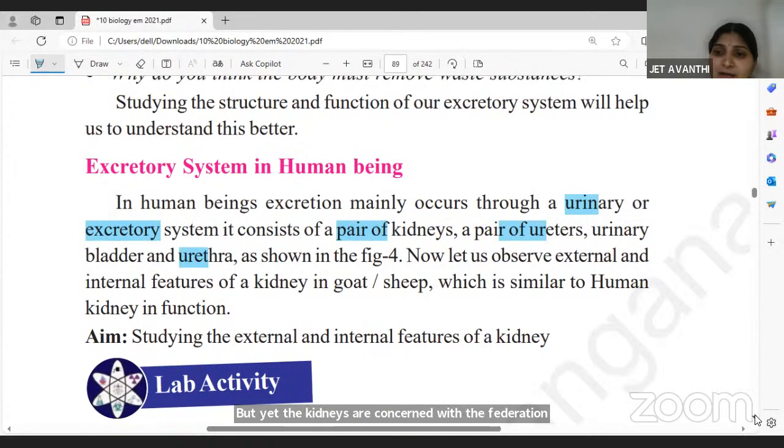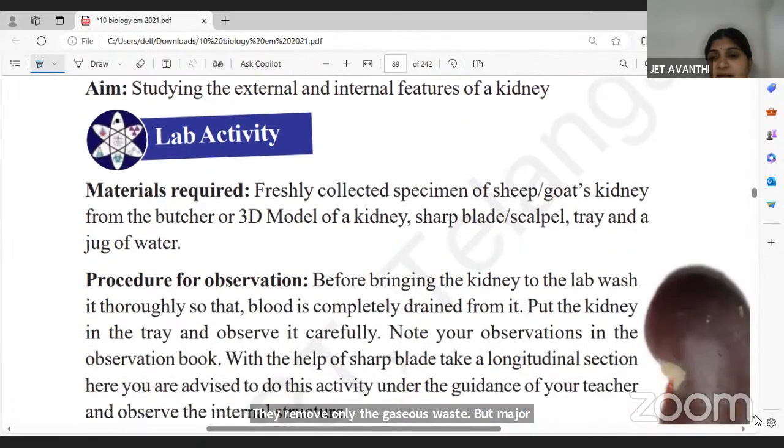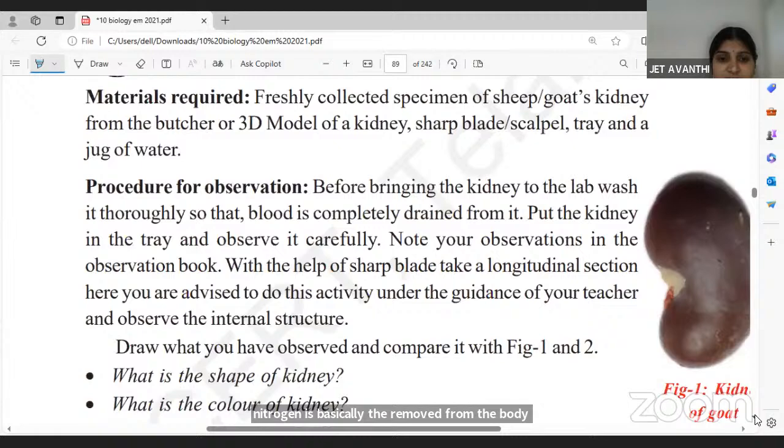They remove all the nitrogenous waste from the blood, and the blood purified of nitrogenous waste then enters the lungs for further purification. The lungs remove only the gaseous waste, but the major nitrogenous waste will be removed from the body through nephrons. So nephrons are the structural units of kidneys.